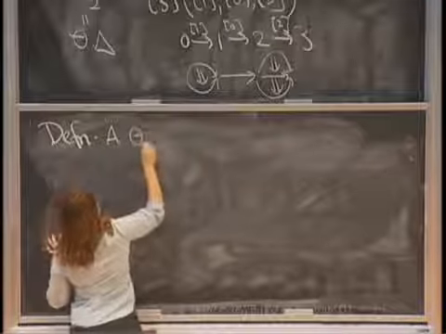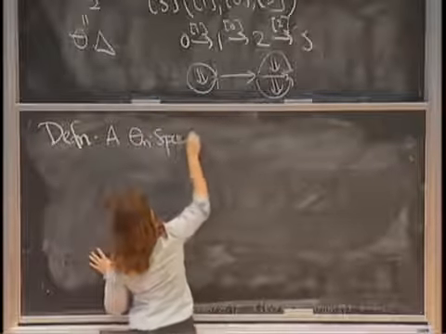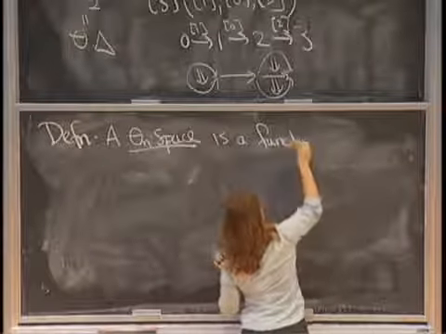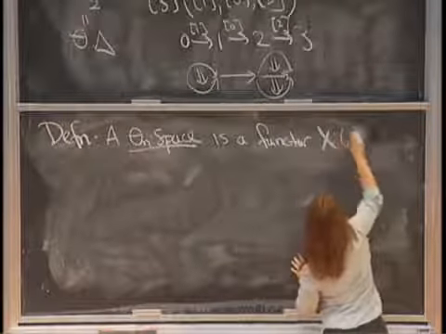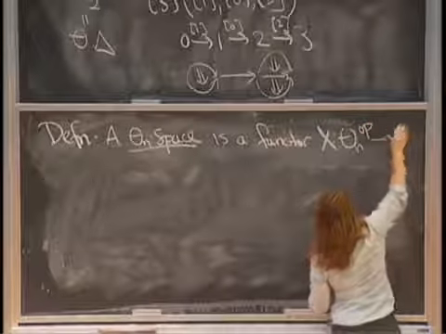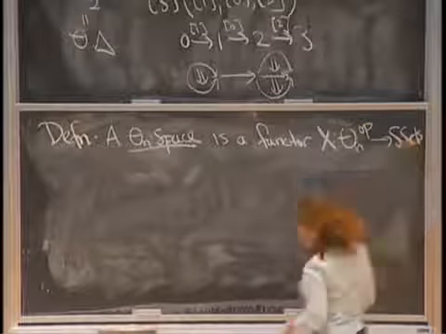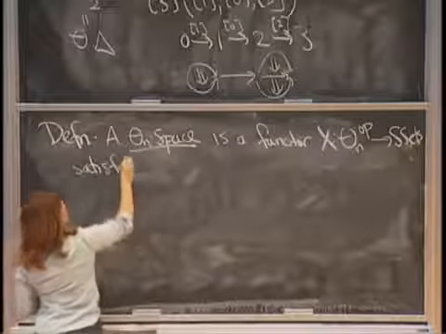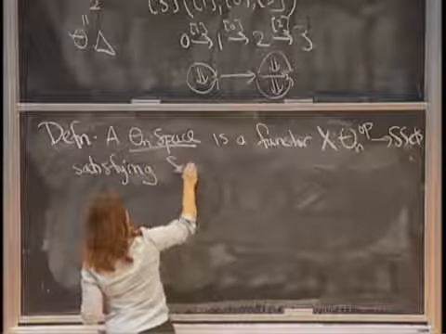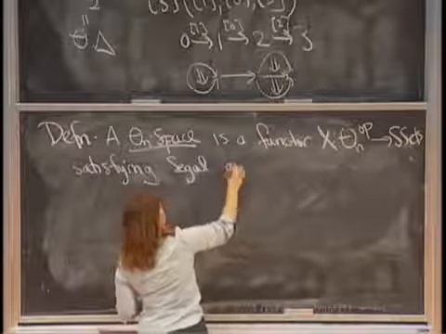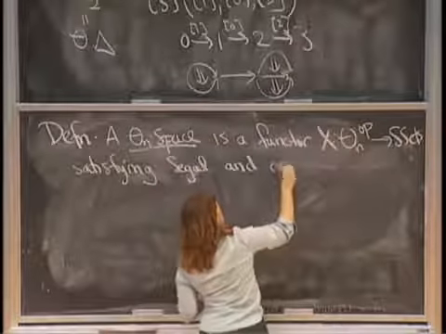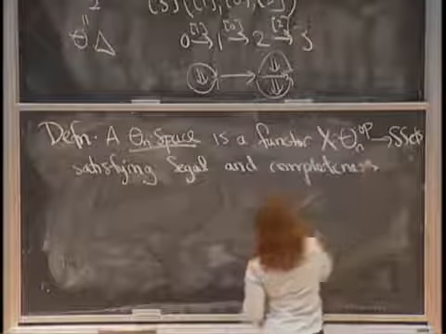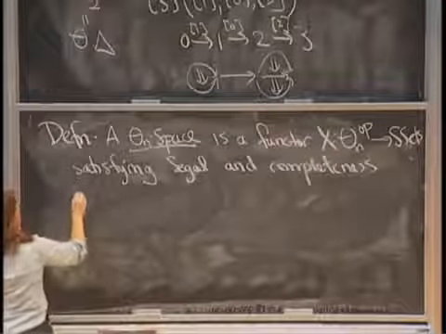So a theta n space is a functor, say X, from theta n op to simplicial sets satisfying Segal conditions and completeness conditions at all levels.